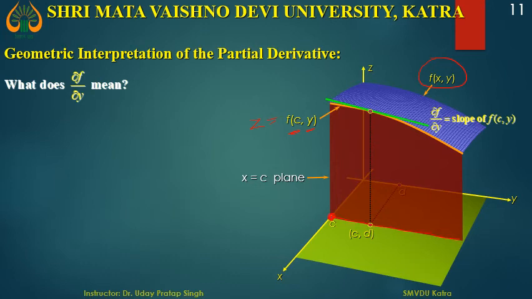Then dou f by dou y is the slope of the tangent line drawn at any point, say the point is d, y equal to d. At this point c, d, we draw a tangent line. Then dou f by dou y is the slope of this straight line represented by the green line. This is the slope of f of c, y. This is the meaning of the partial derivatives dou f by dou x and dou f by dou y.